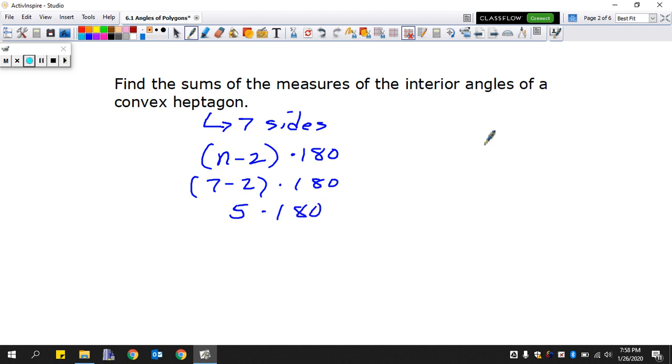We multiply 180 times 5. 5 times 0 is 0. 5 times 8 is 40. Carry the 4. And 5 times 1 is 5, plus 4 is 9, so 900. The sum of all the interior angles of a convex heptagon is 900 degrees.